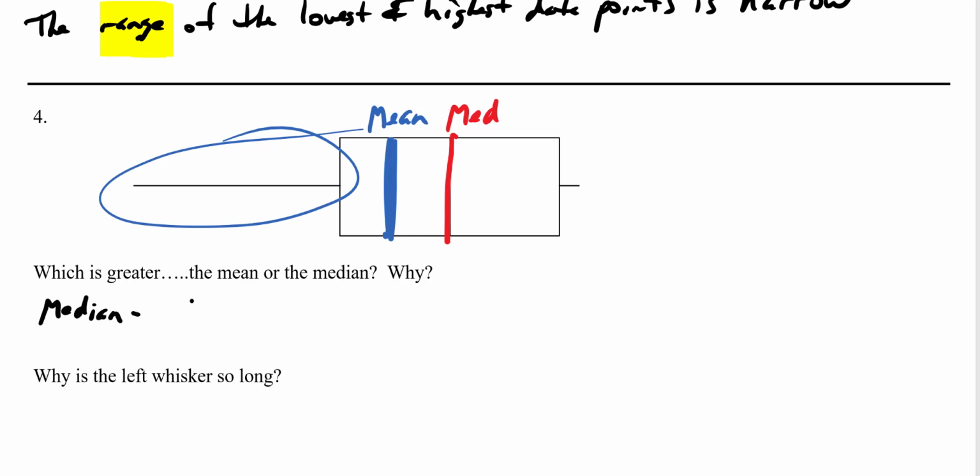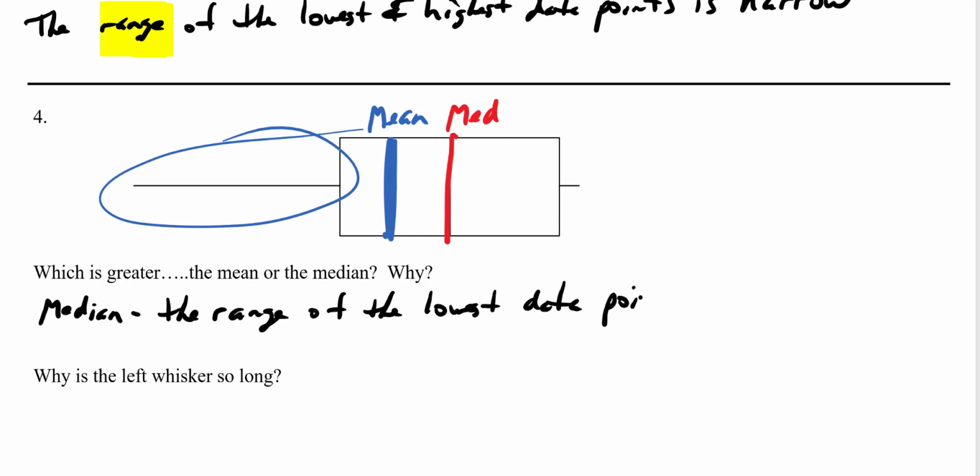And the range of the lowest data points, oh, look, I used that word again, the range of the lowest data points is large. And those low data points bring the mean down.